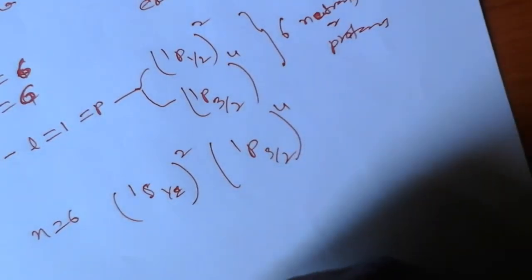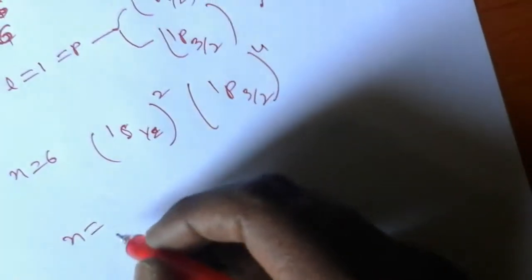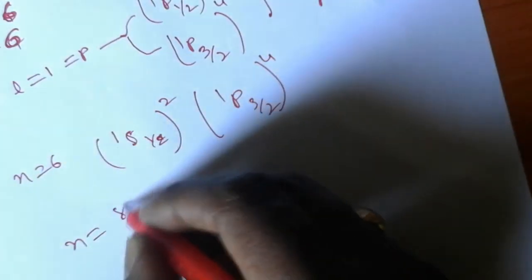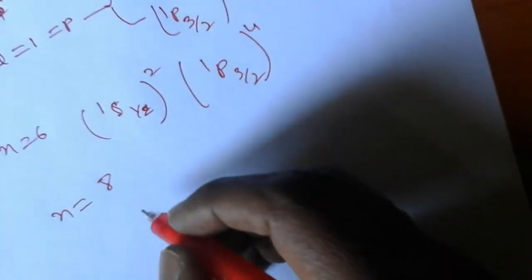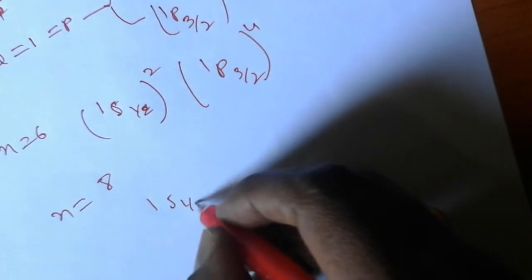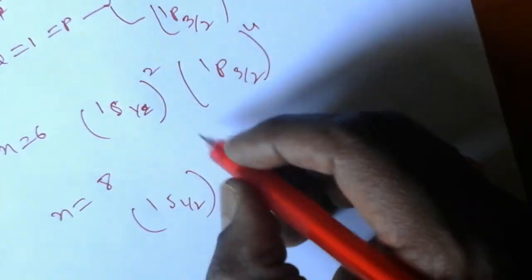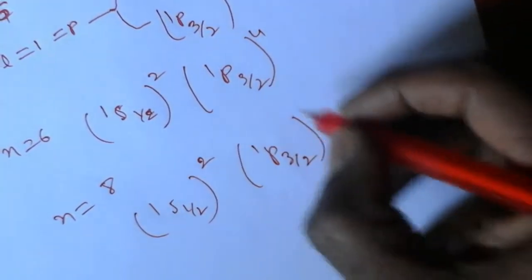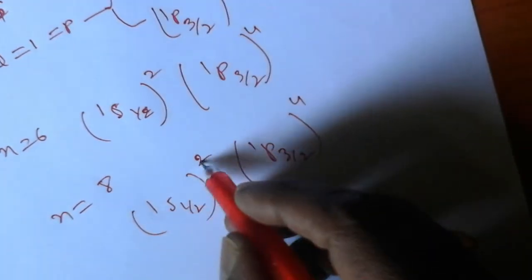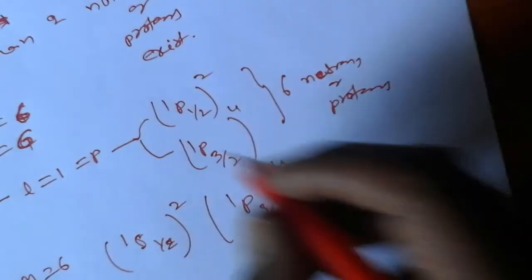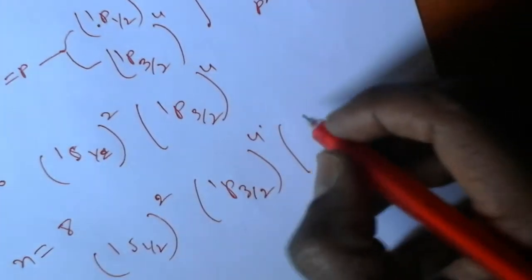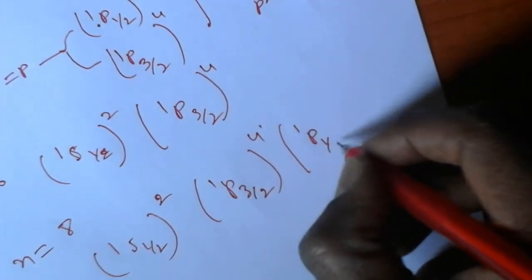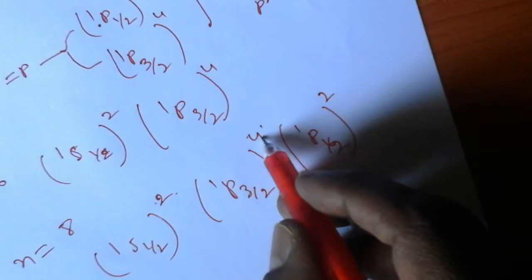If n is equal to 8, then I can write 1s 1/2 to the power of 2, 1p 3/2 to the power of 4. So 2 plus 4, 6. Then we have to take this one also: 1p 1/2 to the power of 2. So 4 plus 2 plus 2, total 8.